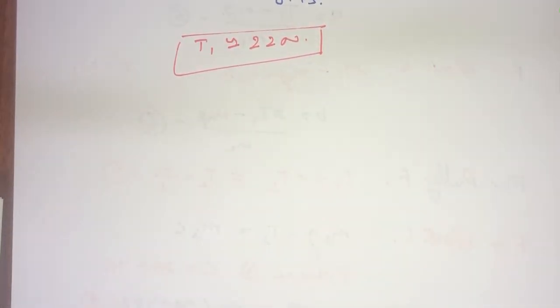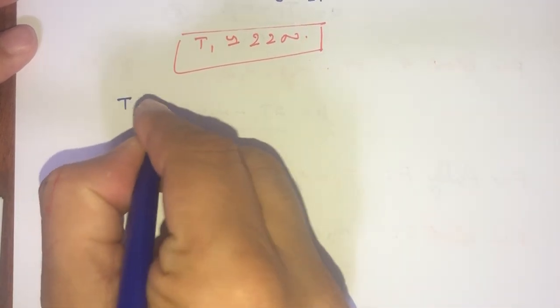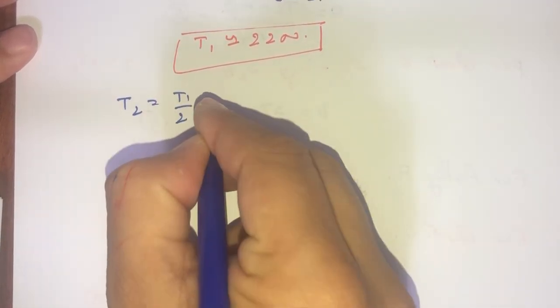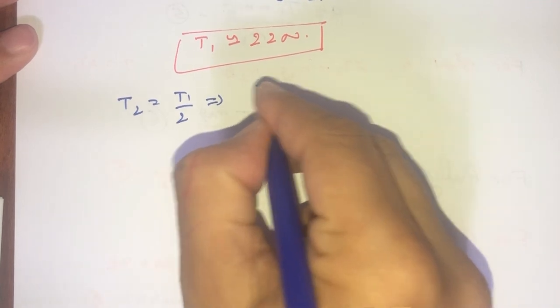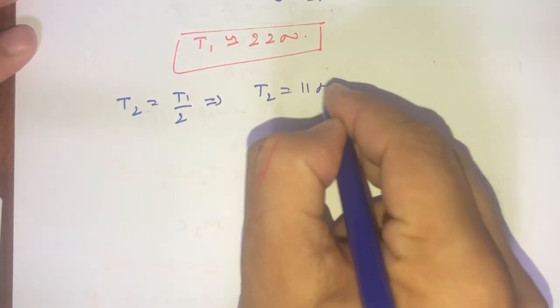So if we know value of T1, we can clearly find out value of T2. T2 is equal to T1 by 2. So it states that T2 is nothing but 11 newton.